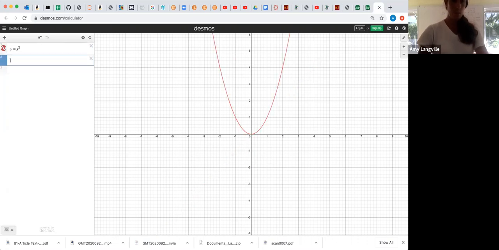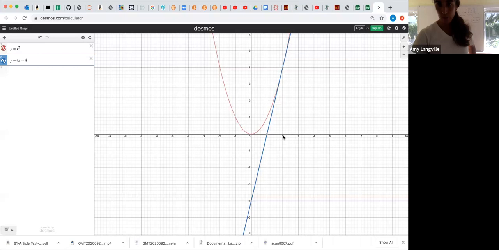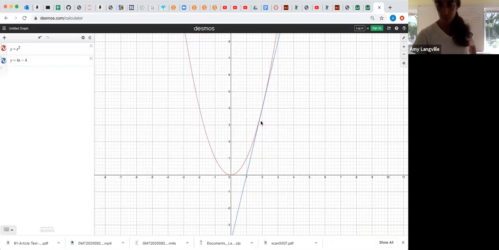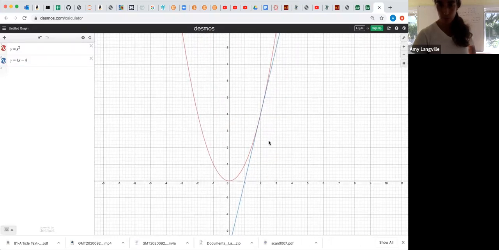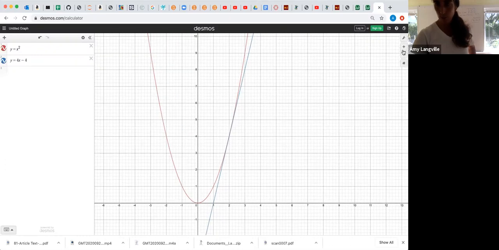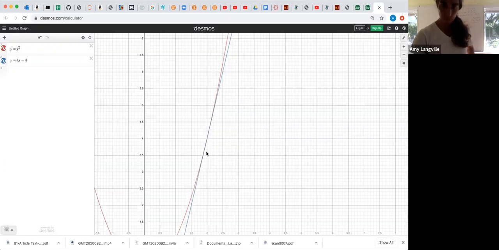And then we'll put in the tangent line, which is y equals 4x minus 4. There's our tangent line. Does it just barely touch at 2? Yes, it does. That is exactly what we're looking for to make sure we've done our work right. At x equals 2, 4, which is our point of tangency, it just barely touches.